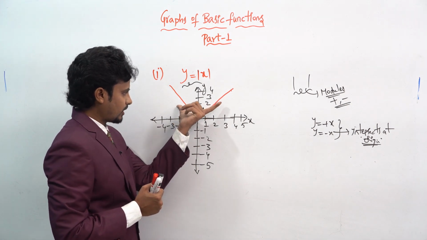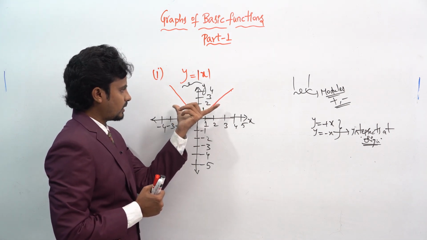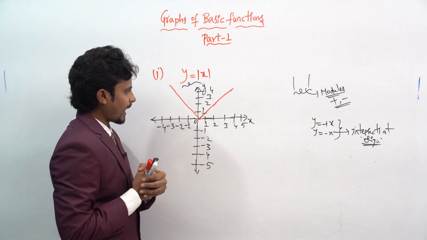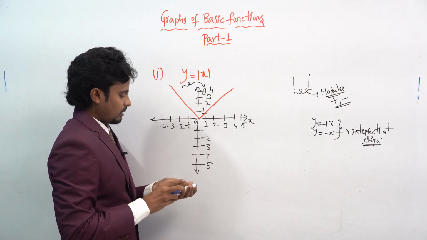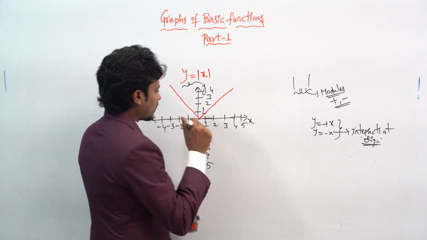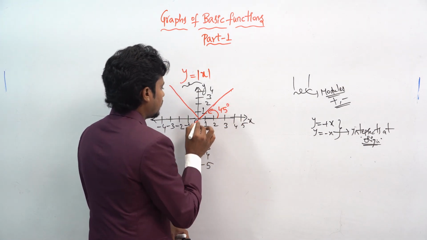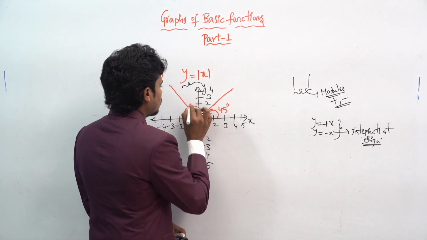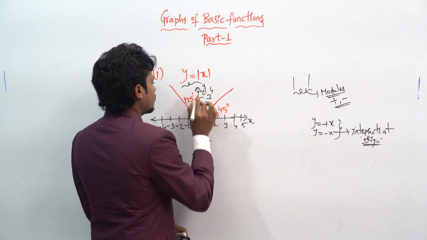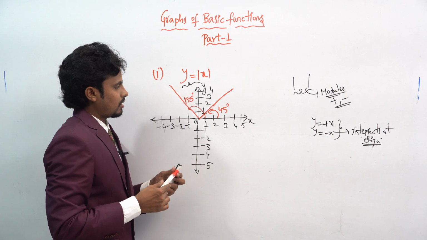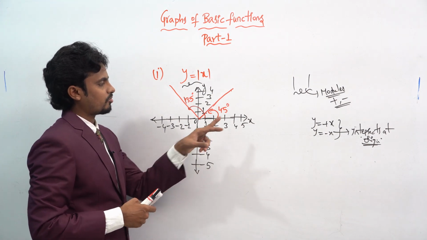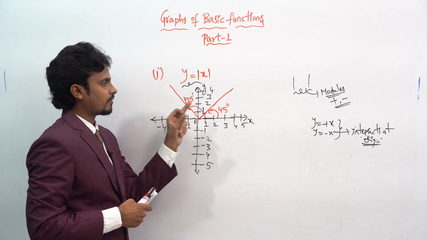From here I will tell you one term, how you find out the angle. So here this will be 45 degrees, right? And here this will be 135 degrees. How can you tell this will be 45 degrees and this will be 135 degrees?